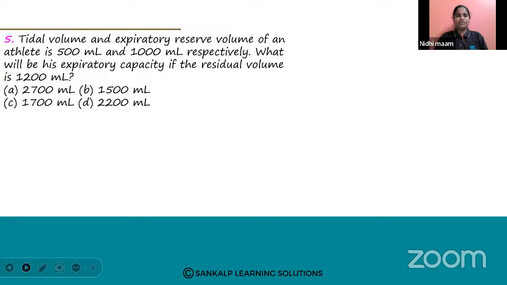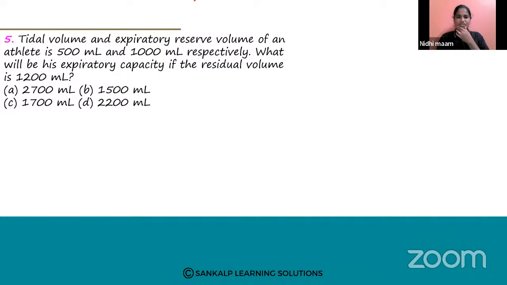Next question. Tidal volume and expiratory reserve volume of an athlete. There is an athlete who has a tidal volume of 500 ml and an expiratory reserve volume of 1000 ml. What will be his expiratory capacity if the residual volume is 1200 ml?